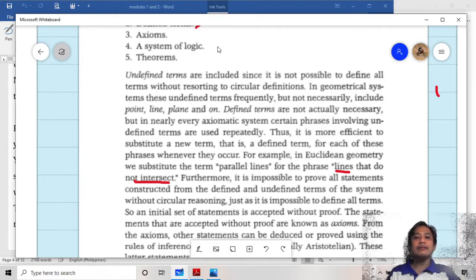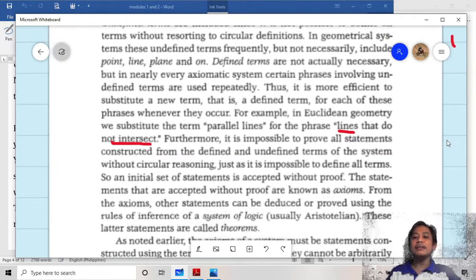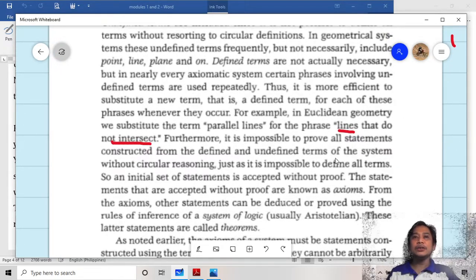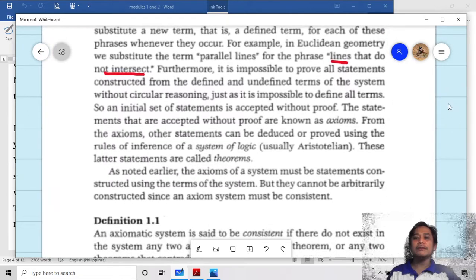Next, we have the axioms. Okay. So not all statements in an axiomatic system can be proven. Meaning there should be first an initial fact, an initial truth, a baseline. So these are what we call the axioms or the postulates. So from the axioms or from the postulates, from these given facts, we can then derive new observations. Okay?